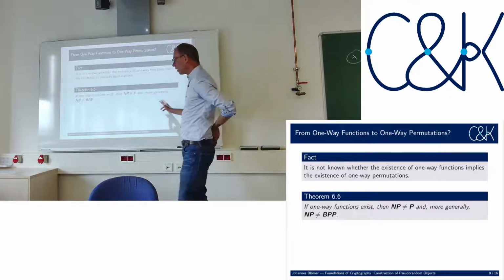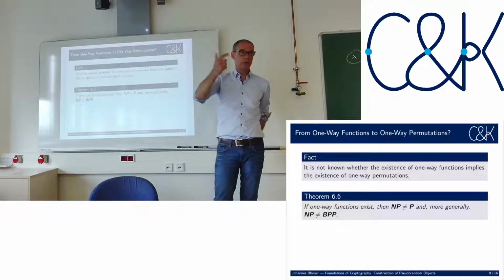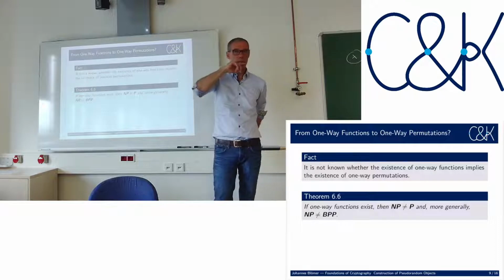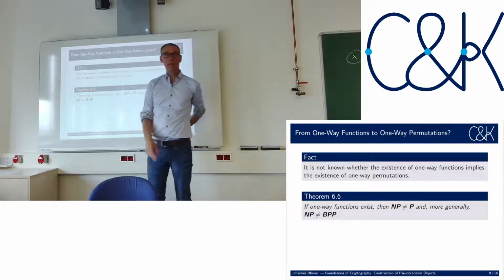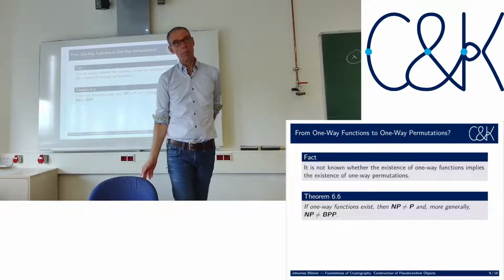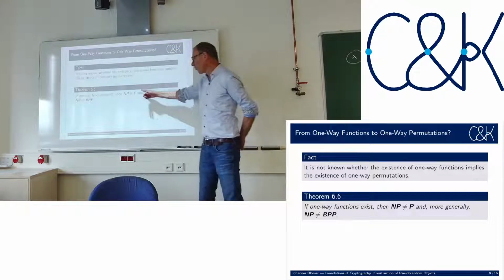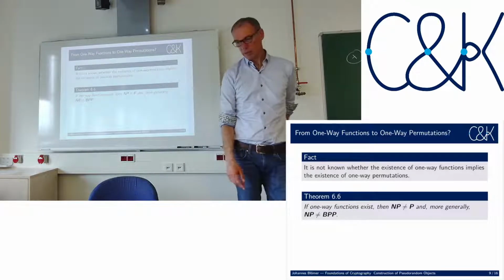More generally, P always talks about deterministic algorithms, whereas in crypto we always talk about probabilistic polynomial time algorithms. In fact, what this really implies is that NP is not equal to a class called BPP, which is roughly P, but where we allow randomness.